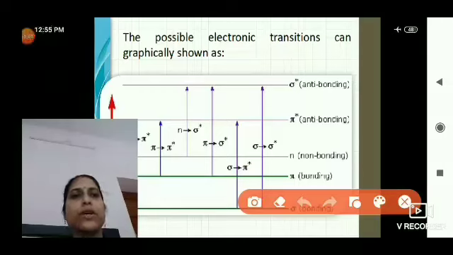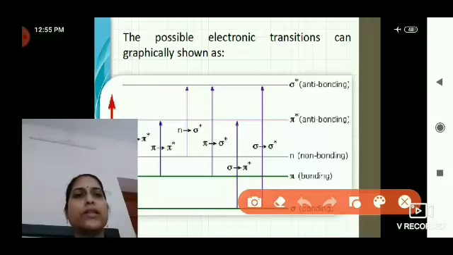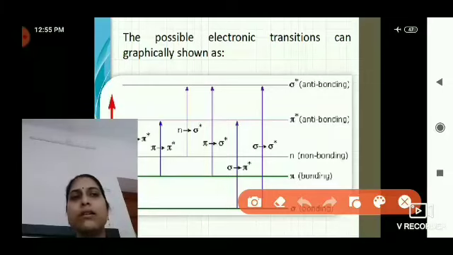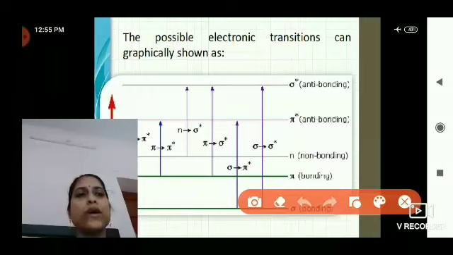You will see sigma to sigma star, pi to pi star, n to pi star, n to sigma star, sigma to pi star, and pi to sigma star. Out of these 6 transitions, only 4 are symmetrically allowed. The 2 transitions, sigma to pi star and pi to sigma star, are symmetrically forbidden.